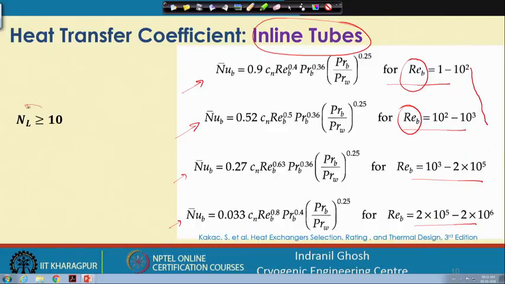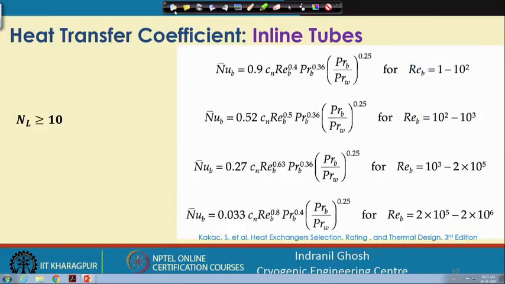Here also this correlation is valid only when the number of rows is 10 or more. So, we have to apply a correction when the number of tubes or rows is less than 10.